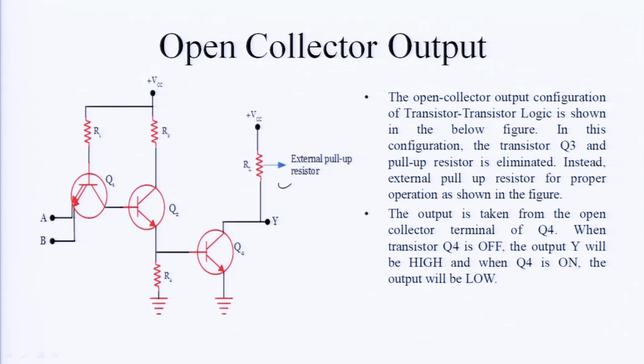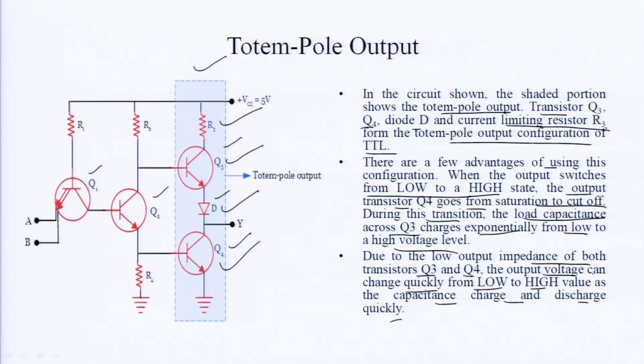The open collector output configuration of transistors and logic is shown in the figure. In this configuration, the transistor Q3 and pull up resistor are eliminated. We have already discussed, here we had Q3 and R3 as the pull up resistor.